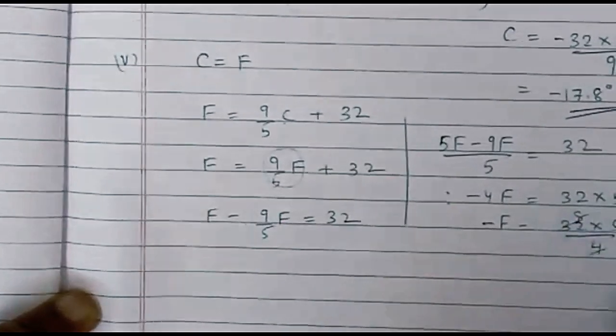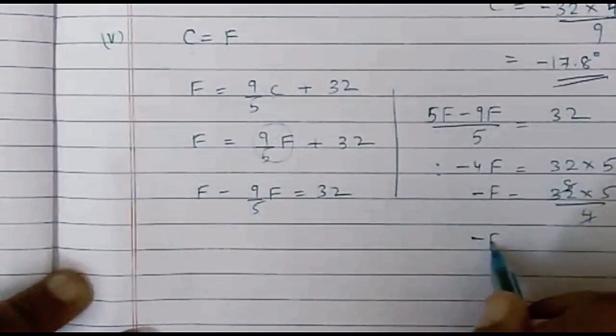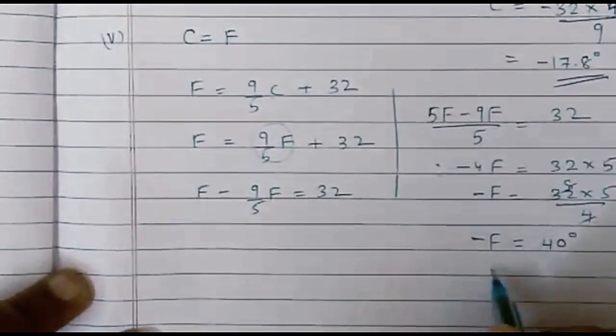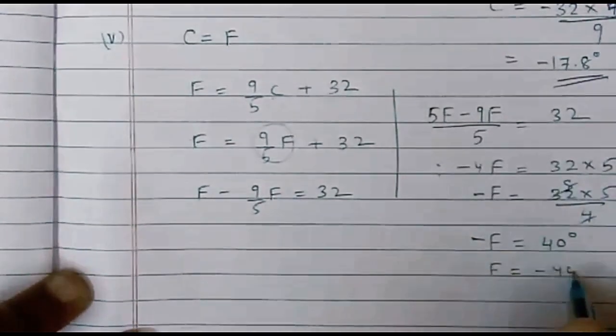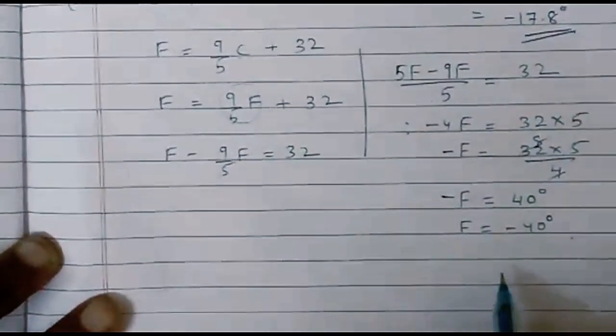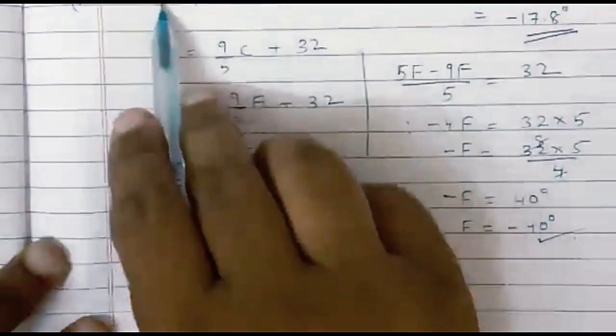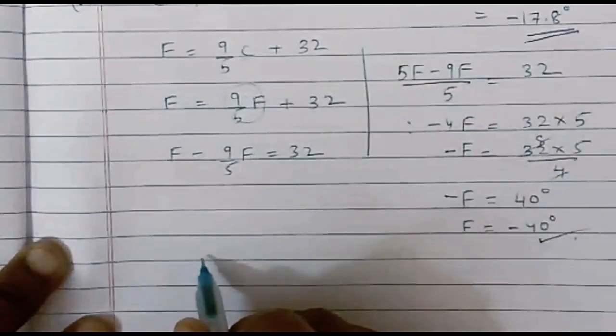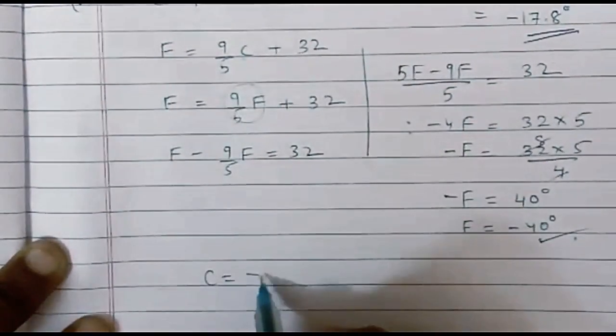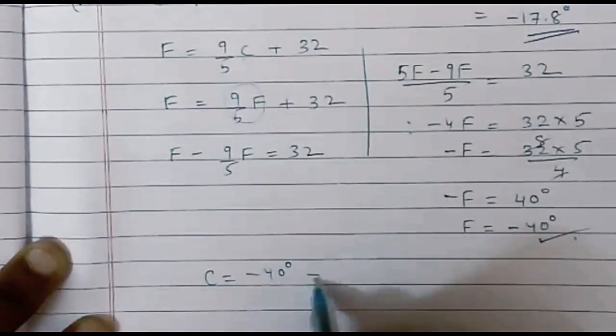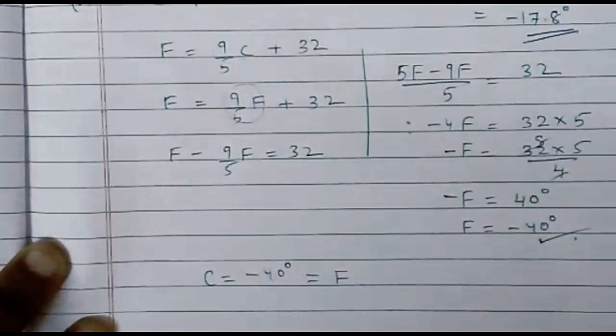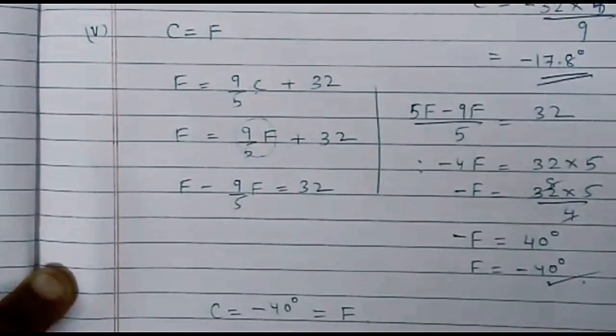So this will be 4 8s are 32, so minus F is equal to 40 degree. That means F is equal to minus 40 degree. So finally we can say that at minus 40 degree both the values will be the same. That means the value of C will also be minus 40 degree as well as F will also be minus 40 degree. Now using these values only we will be drawing the graph.